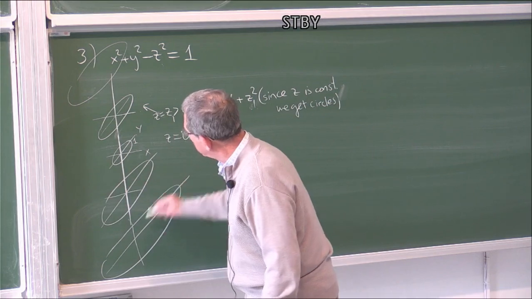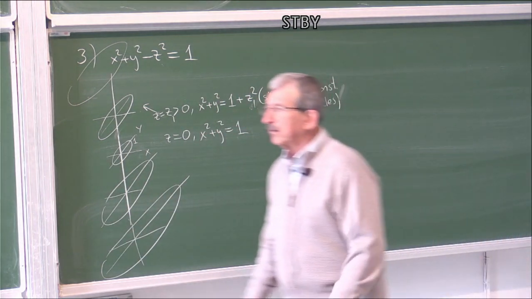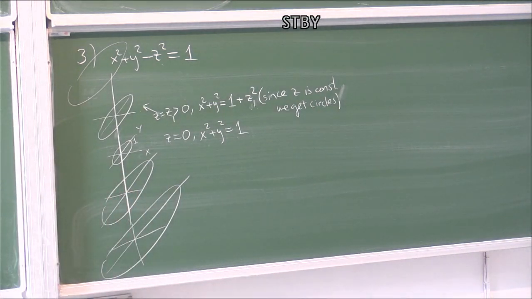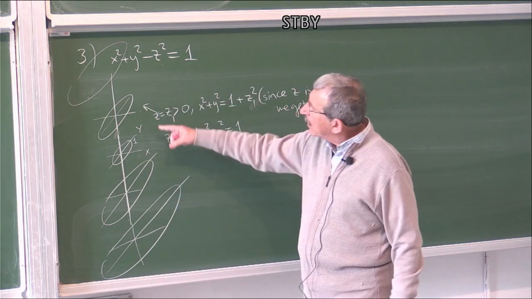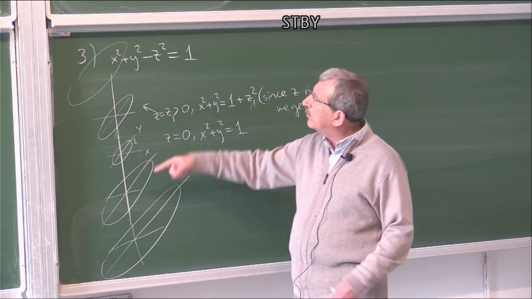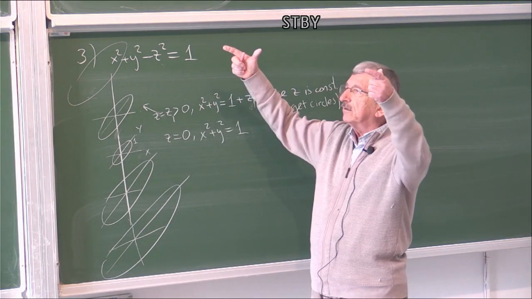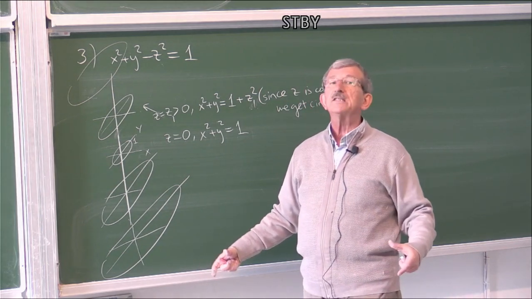Now again, it is not clear what this looks like, because we only know that we start with a smallest circle, and when we go up, the circles get bigger. When we go down, they become bigger again in a symmetric way.